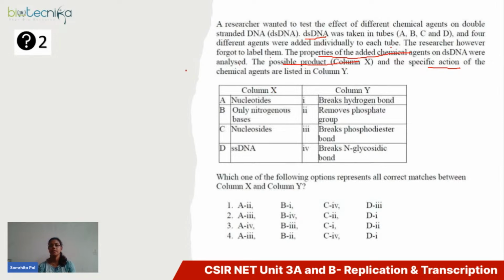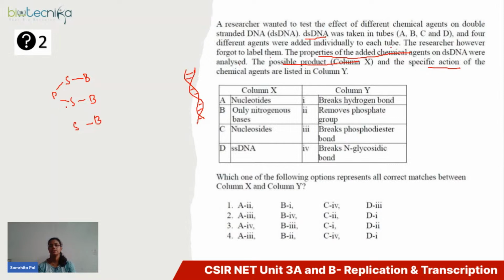So you have a double-stranded DNA. Think about it. The composition you already know, how it is constructed. We have the base, we have the sugar, we have the phosphate, sugar, base, right?